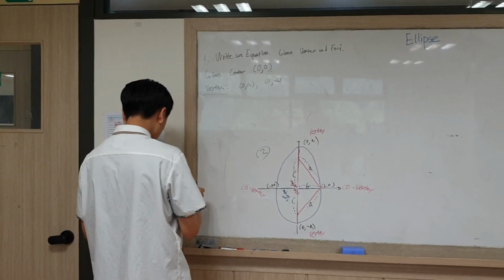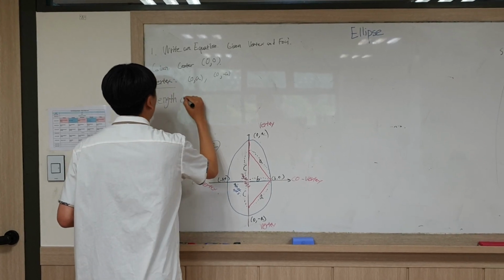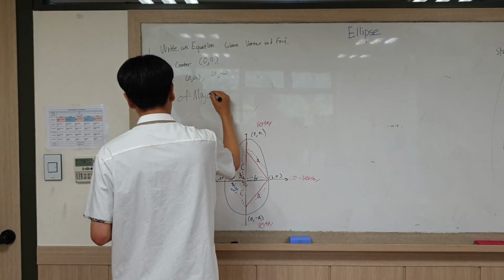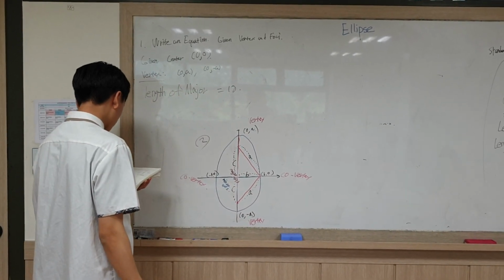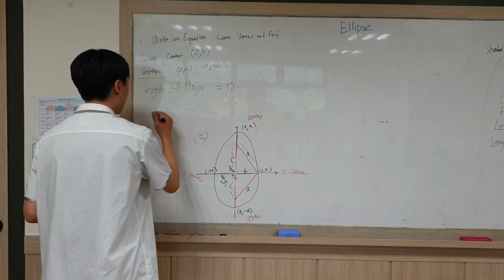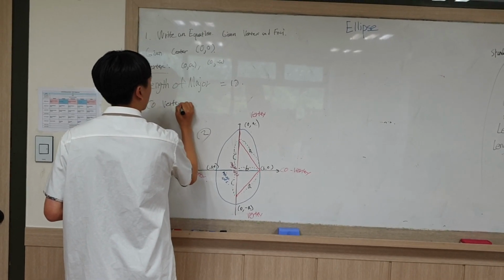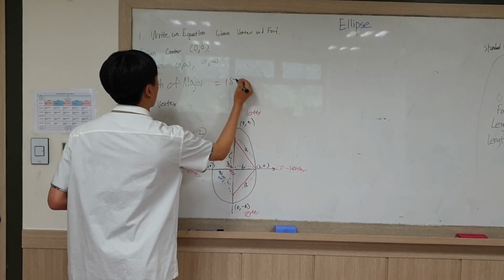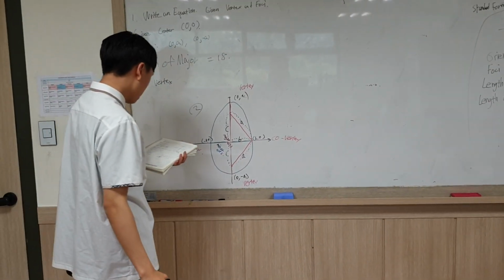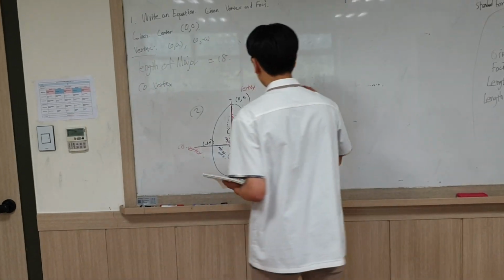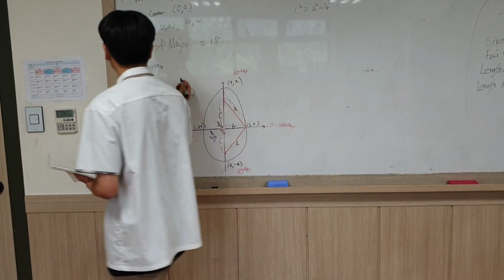And now the length of the major axis is 18. So now to find the co-vertex, we should use the equation from here, and it's in here.